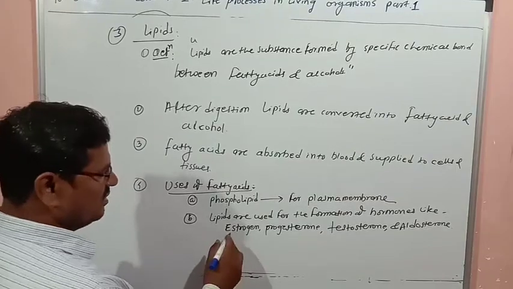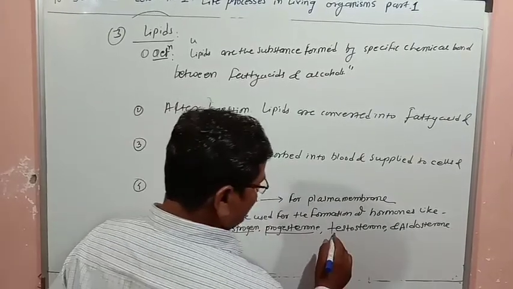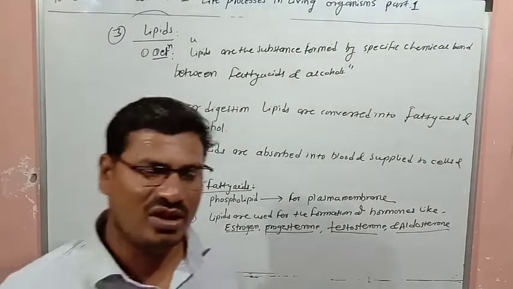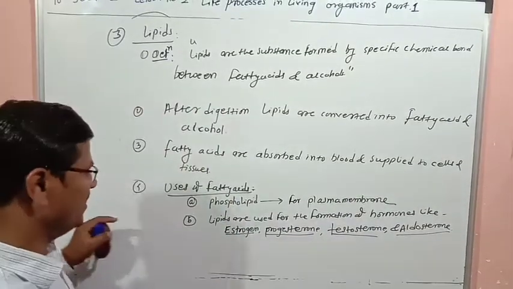Which hormones are produced? Estrogen, progesterone, testosterone, aldosterone. So male and female reproductive hormones are produced from the lipids.